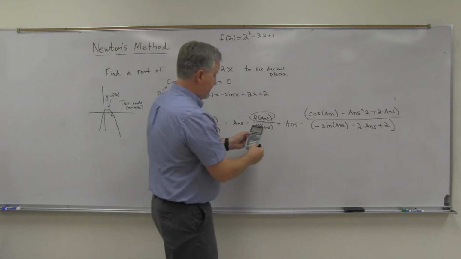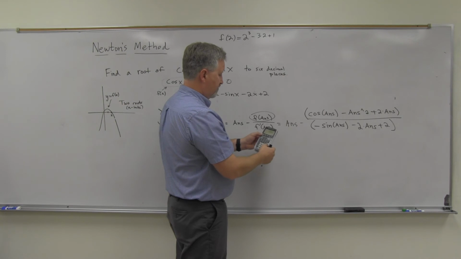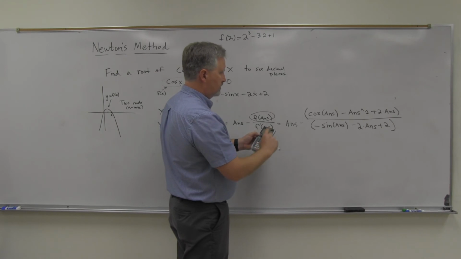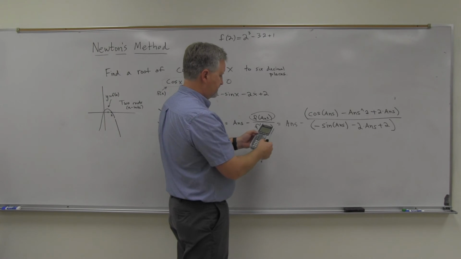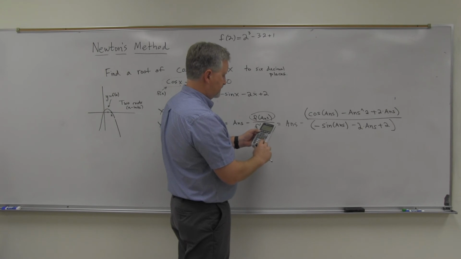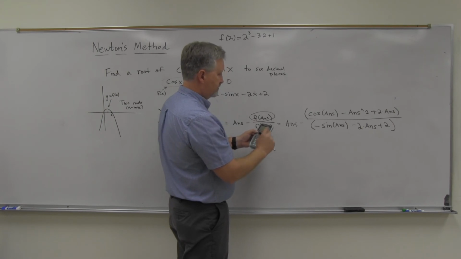Now, let's do ans minus parentheses cosine of ans minus ans squared plus 2ans, close the parentheses, divide by, minus sine of ans, minus 2ans, plus 2.